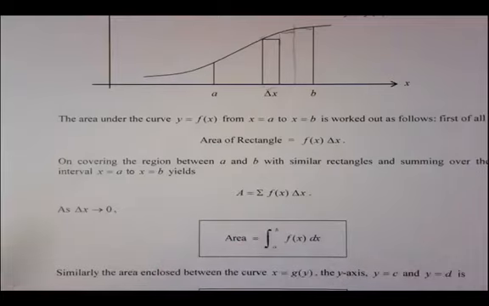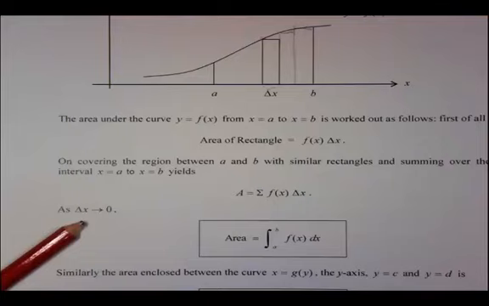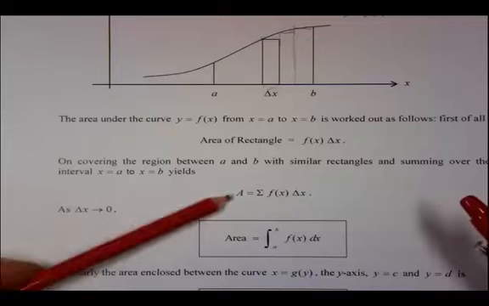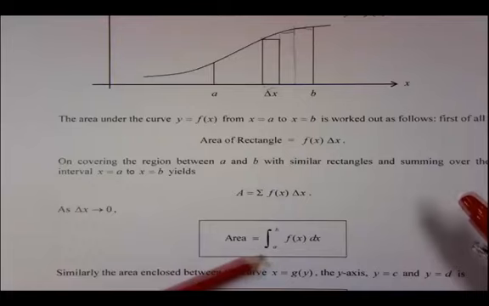Now, as the width of a rectangle approaches 0, your approximation gets better and better. In the limit, the area we're looking for is equal to this limit of the sum. So the limit of this is the integral. And we showed a while ago that that's the antiderivative.